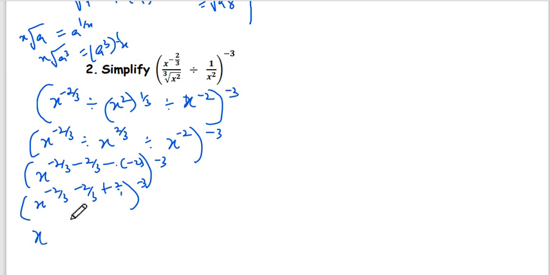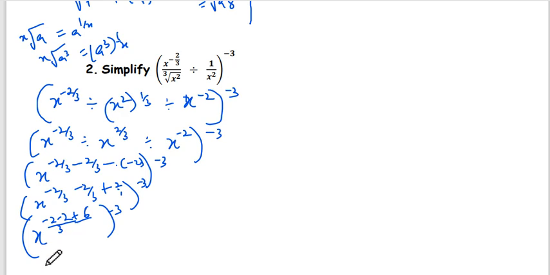That's x raised to the power of, if we take our LCM here, which is 3, that's minus 2 plus 1 times 3, multiplied by 2, that's 6, all raised to the power of minus 3.